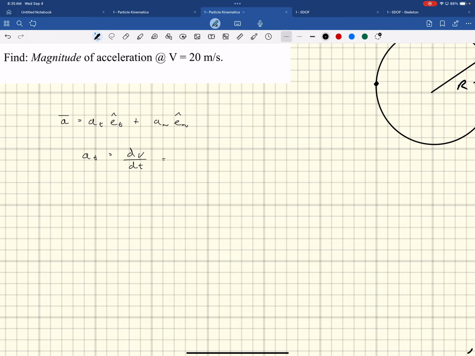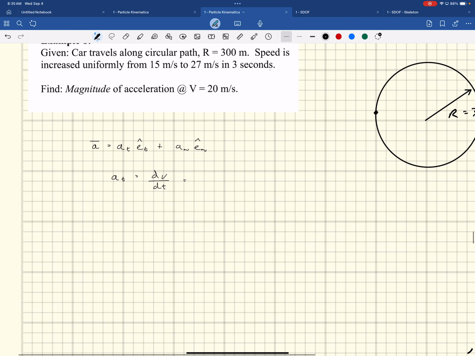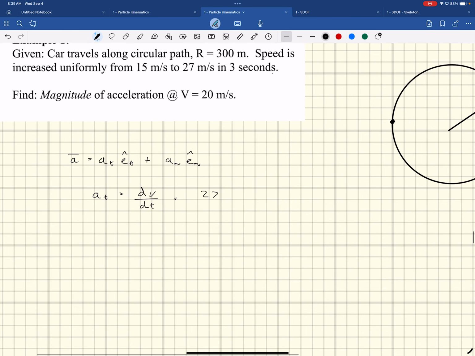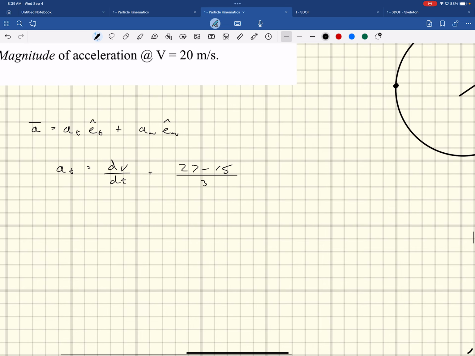They told us that it goes from 15 to 27, so this would be 27 minus 15. That's the change in velocity, and it takes 3 seconds. So 27 minus 15 divided by 3 tells me what my acceleration is. My acceleration is in the ET direction, 4 meters per second squared.